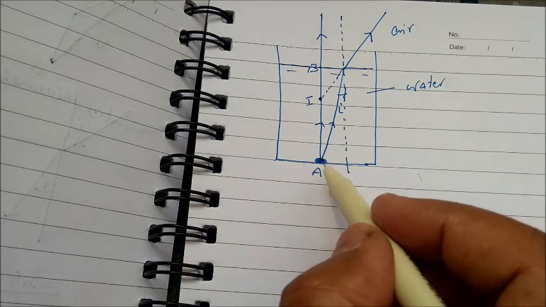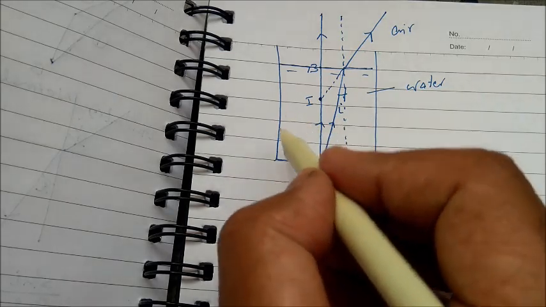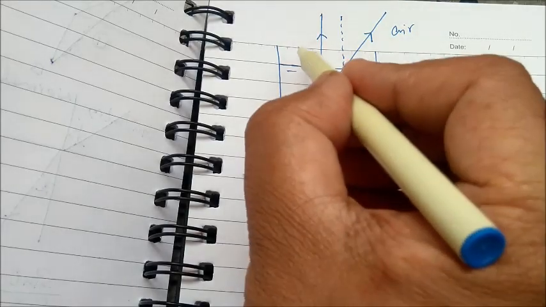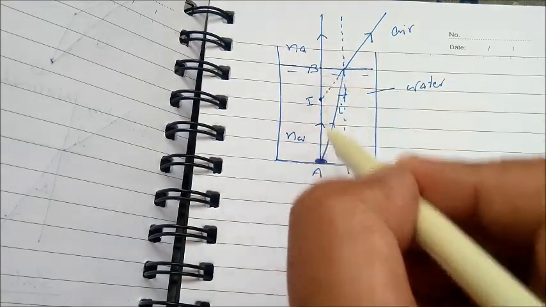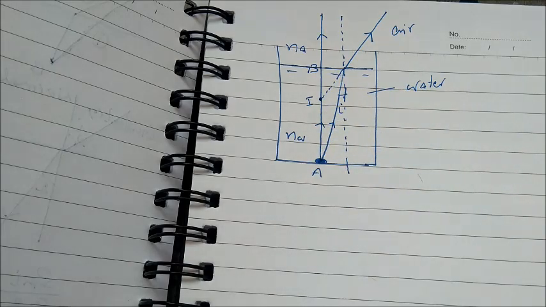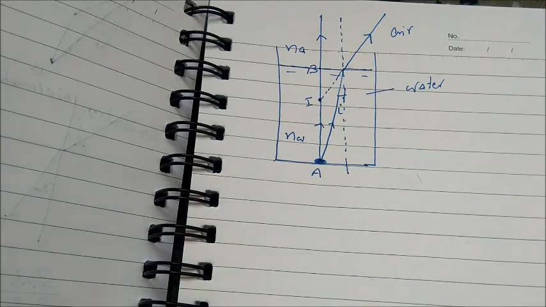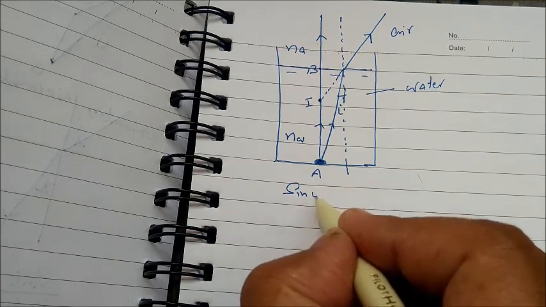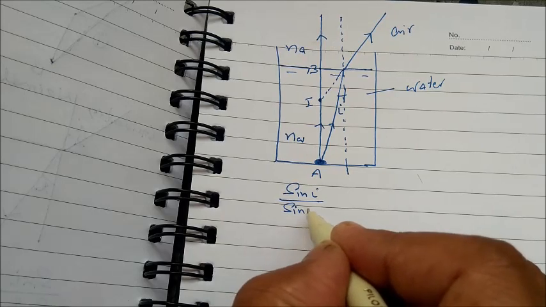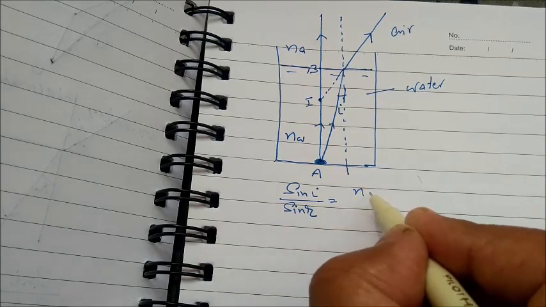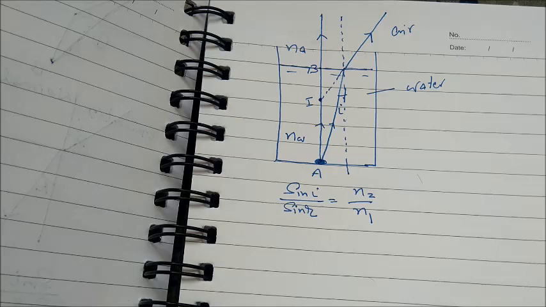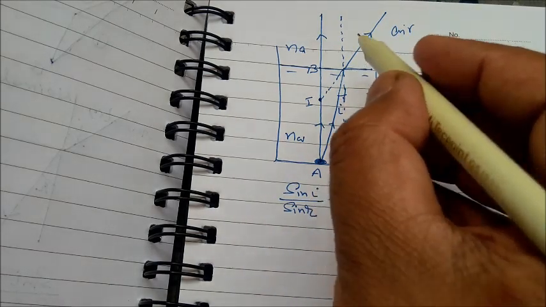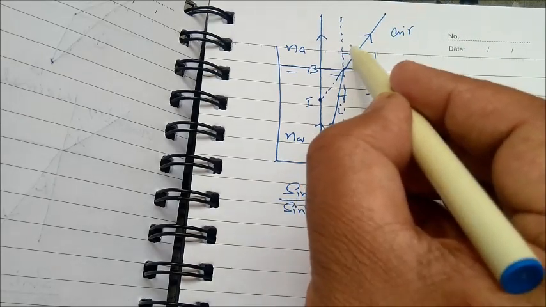Now we can find out mathematically what is the relation between the refractive index of water, air, real depth and the apparent depth. We'll use laws of refraction. Sin i upon sin r is n2 by n1. Here this is the first medium. This angle is the angle of incidence and the angle of refraction is this.